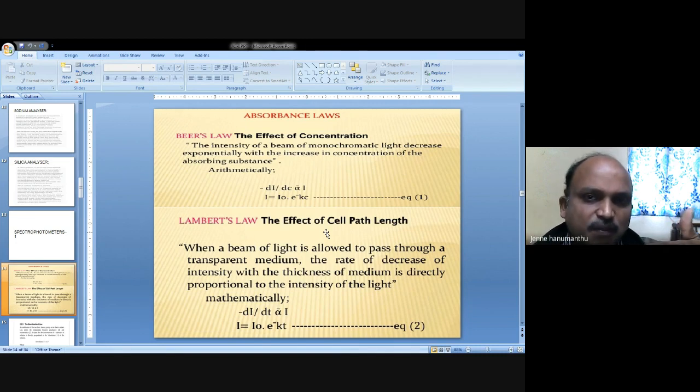But the third one is when the light passing through the solution is scattered into the outside world.